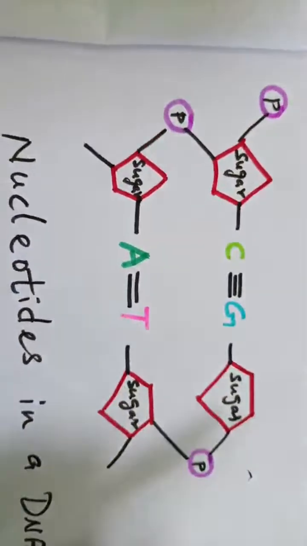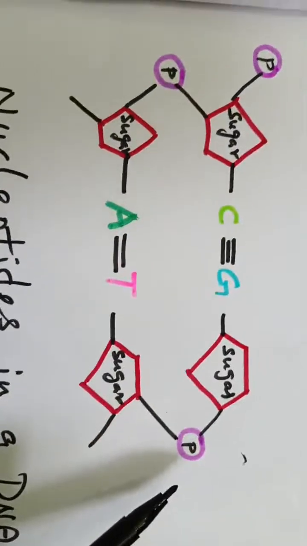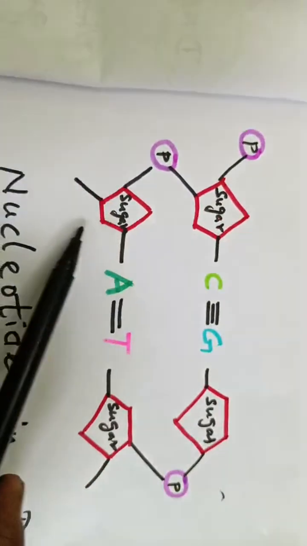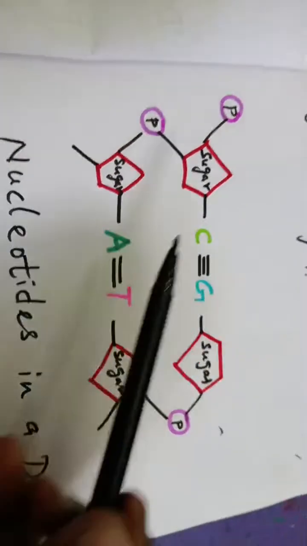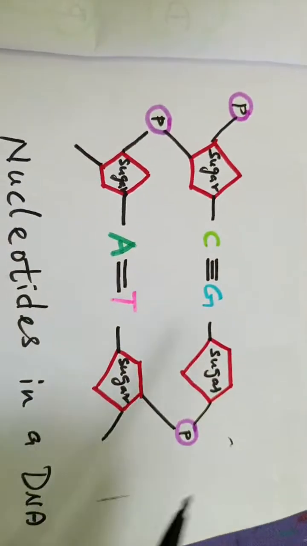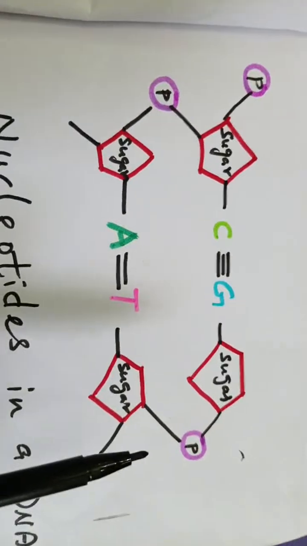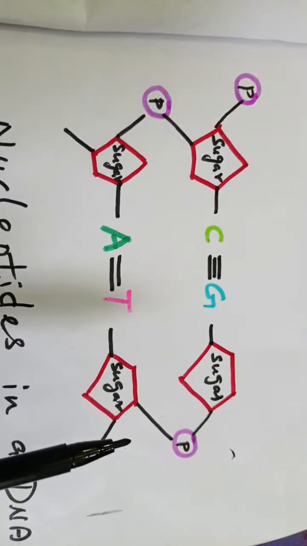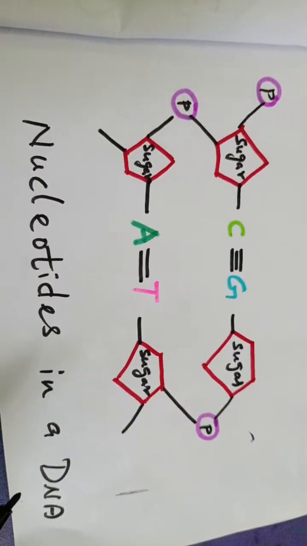Then this pentose sugar in turn is linked with the phosphate group. Here also a phosphate group. So this is one strand a DNA molecule has, and this is the opposite strand. So they are anti-parallel. All those things you will be learning in your higher classes. For now it is enough to learn the structure and who proposed the most accepted model of DNA.